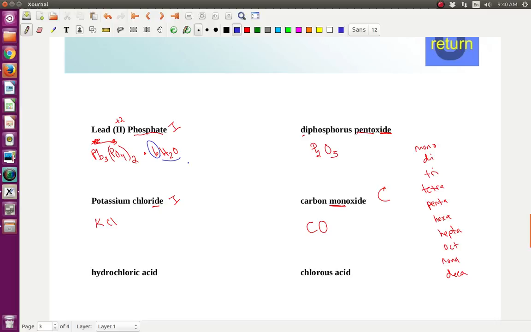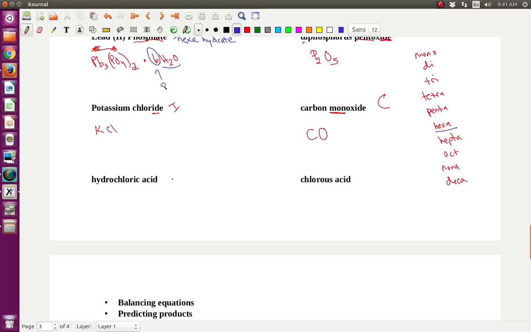I have 6 of them, and 6 is hexa. So lead 2 phosphate hexahydrate. If it had 7, it would be heptahydrate. If it had 8, it would be octahydrate. And it would still have H2Os there.